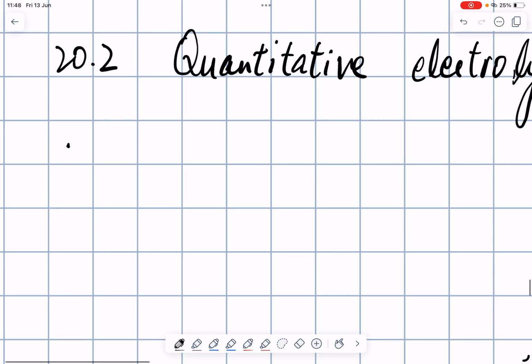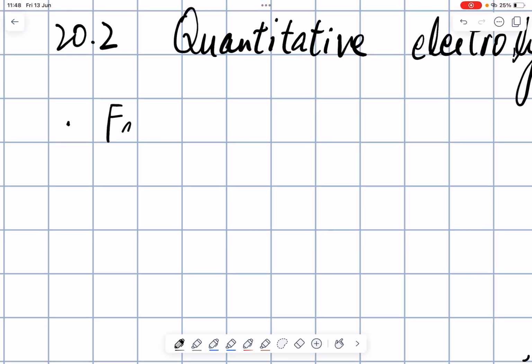Now I'm going to introduce you to a very important quantity called the Faraday. It's actually a unit.